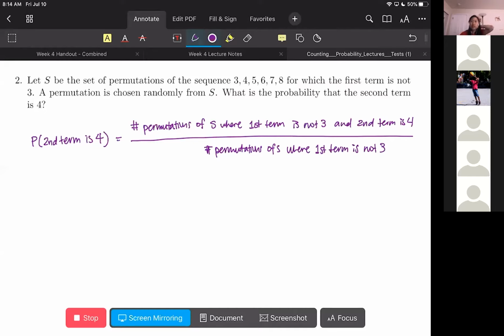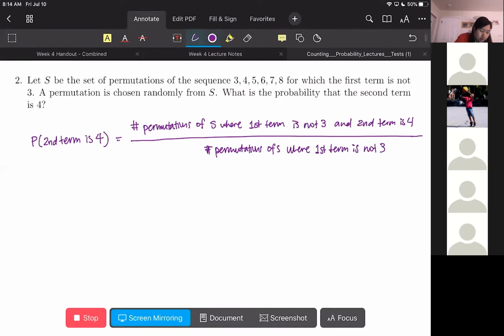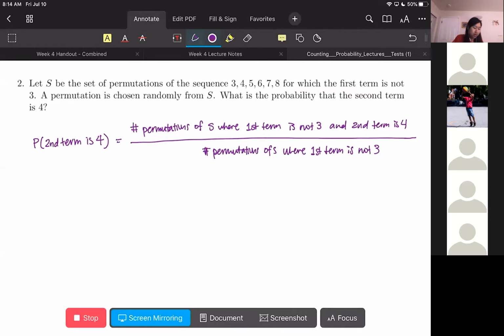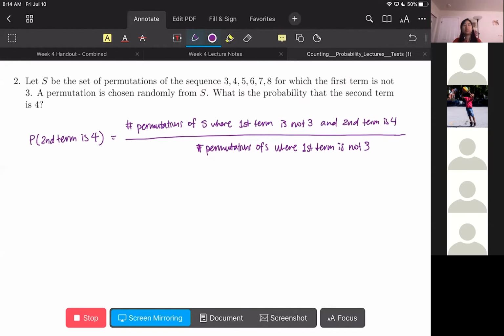Does everyone see why that's the case? This is just applying the definition of probability here. All right, so now let's calculate the top and the bottom.